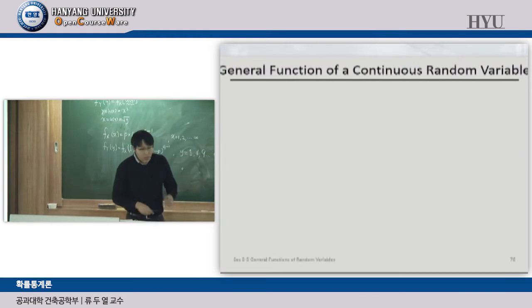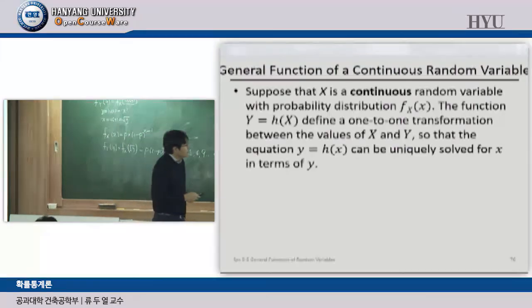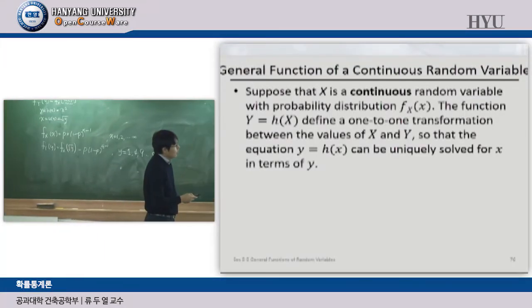And now, we are going to also discuss the general function of a continuous random variable. We have two random variables. The first one is the discrete one. The second one is the continuous one. So suppose that x is a continuous random variable with the probability density function f(x), and the function y equal to h(x) defines a one-to-one transformation between the values of x and y so that the equation y equal to h(x) can be uniquely solved for x in terms of y.